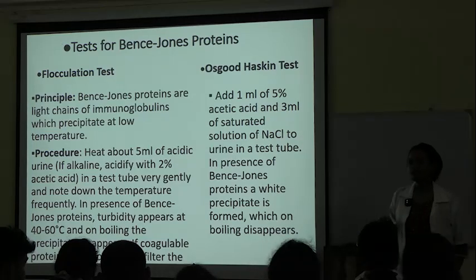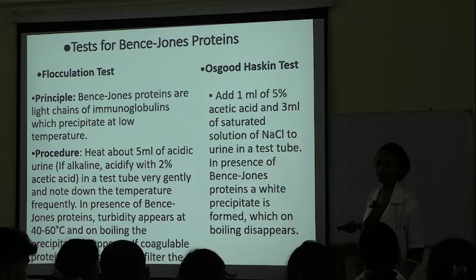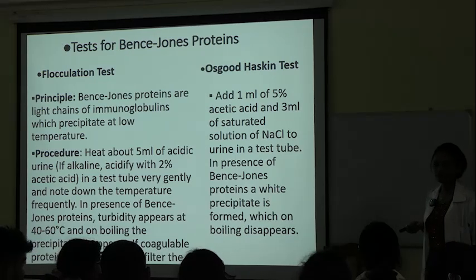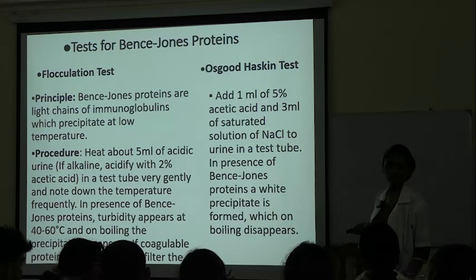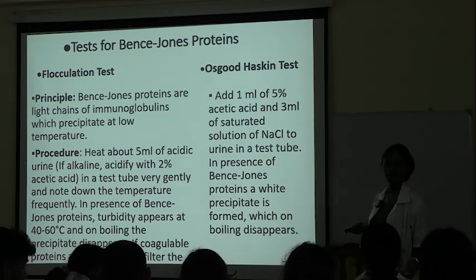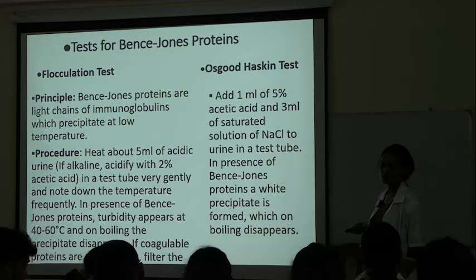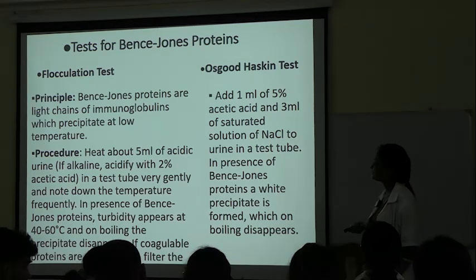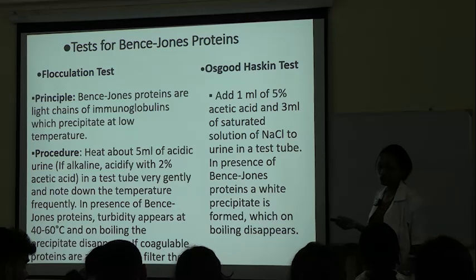Can you say at what condition the urine can be acidic, or at what condition it is alkaline? Anyone? The consumption of alcohol makes us acidic. This is not daily lifestyle related. No one is taking alcohol on a daily basis. Okay.